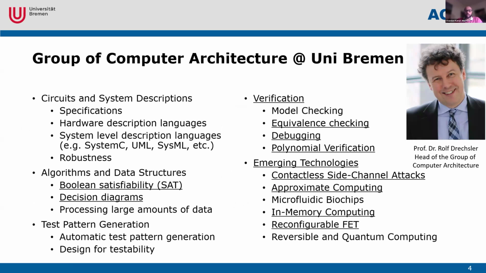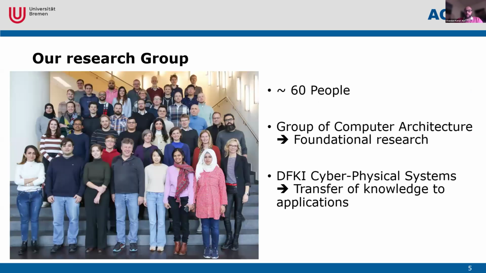We also work on emerging technologies where we look into hardware security, approximate computing, in-memory computing, and we also do some work related to using reconfigurable fabrics. We are a large group, around 60 people, from both the University of Bremen and the German Research Center for Artificial Intelligence.